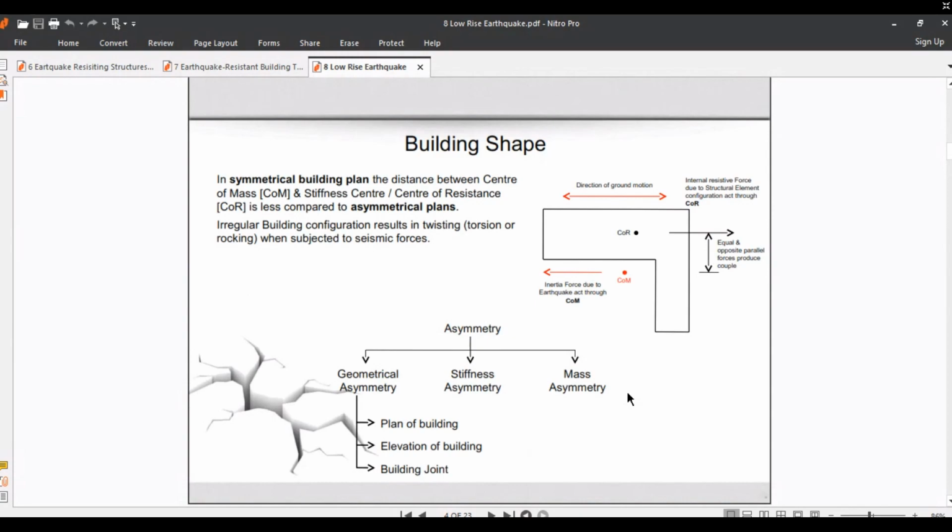Another type of asymmetry for building shape is stiffness asymmetry, and the third type is mass asymmetry. And after that, I described these three types of asymmetry in the plan: geometry, stiffness, and mass asymmetry in the building shapes.